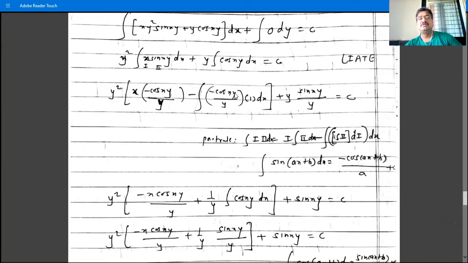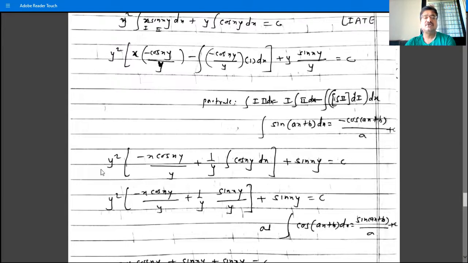The derivative of x is 1, dx, plus the integration of cos(xy). The integration of cos x is sin x, and integration of cos 4x is sin 4x divided by 4. This is cos(yx), so integration is sin(yx) divided by y, where y is constant, plus the constant of integration c.